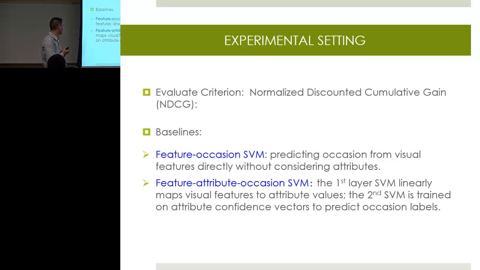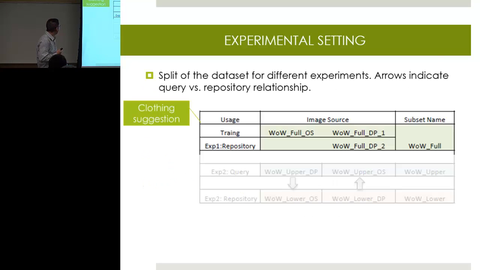We also implemented two baselines. The first one is from features to occasion, directly training an SVM. The second one is we first train the mapping from the features to attributes, and then train the mapping from the attributes to occasion. And then you can get a ranking list for all the clothes.